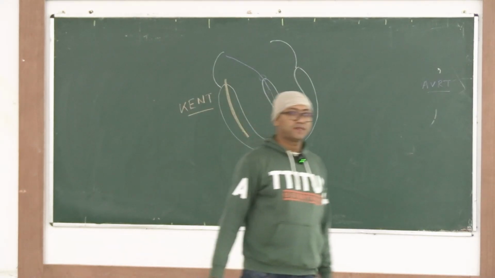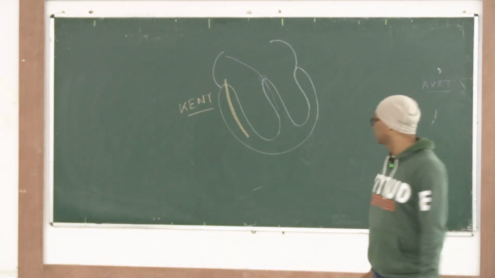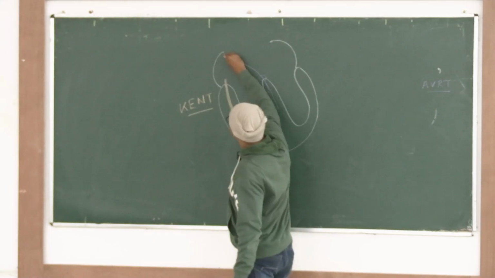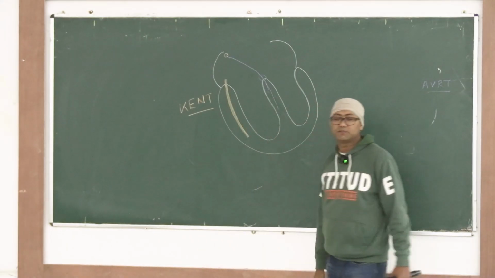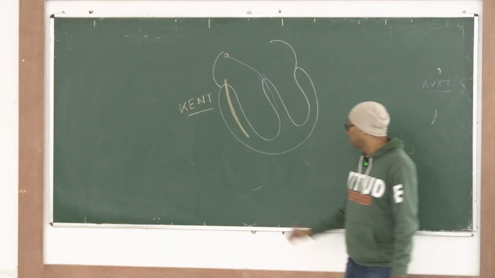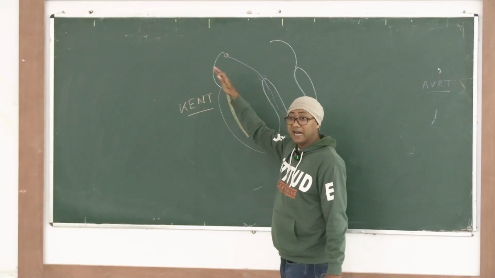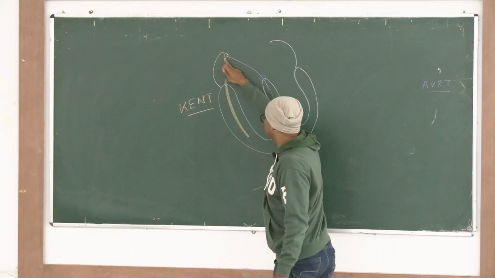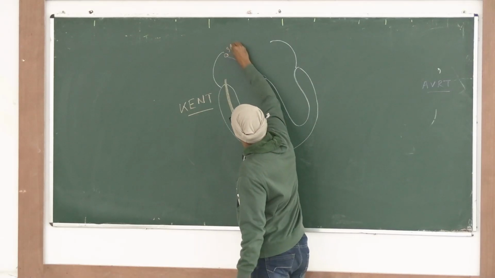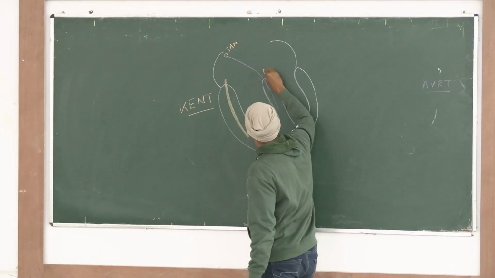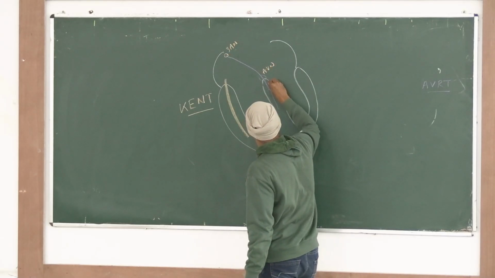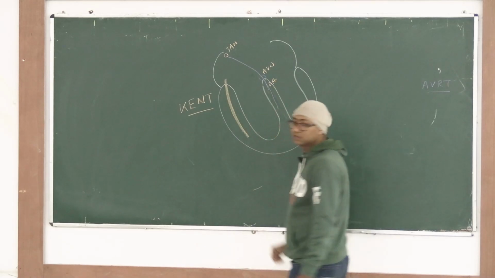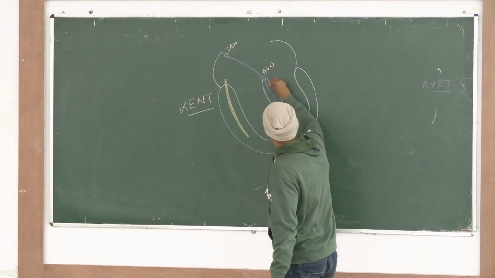Okay. Now, from the SA node action potential is being generated. Here is the SA node. Now, action potential can travel through the normal pathway: internodal tract, SA node, AV node, bundle of His, right. So, this is the normal pathway.